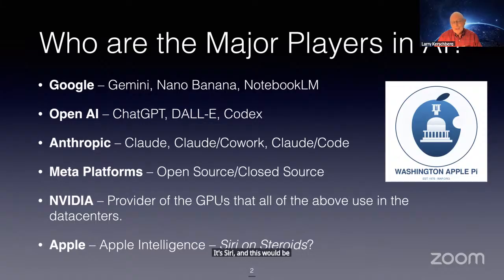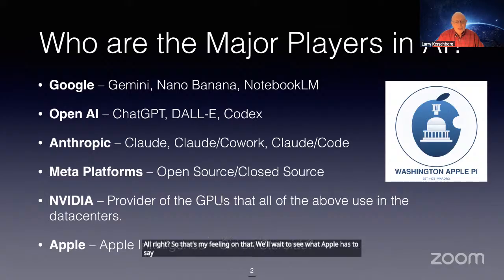And this would be very interesting because I feel that although we can access our various AIs through the web or through desktop apps, once you have it on your phone, and as Alan said, once you ask Siri these questions and it goes out and talks to an AI, that's when you're going to see the adoption of AI across the spectrum. All right, so that's my feeling on that. We'll wait to see what Apple has to say at WWDC.